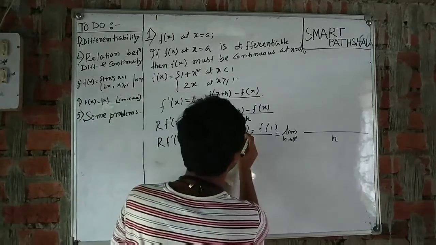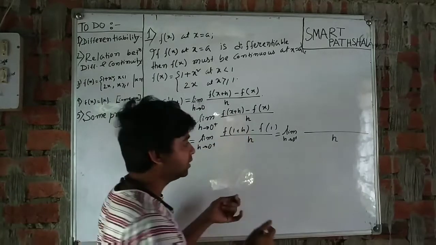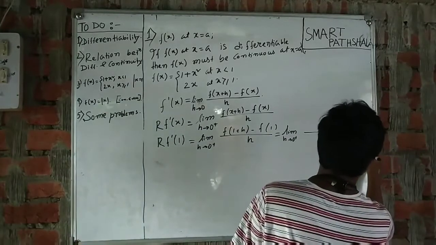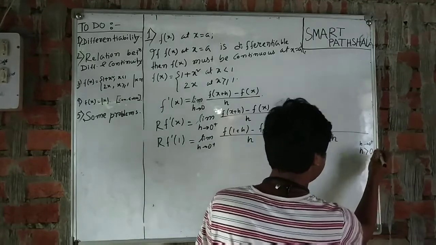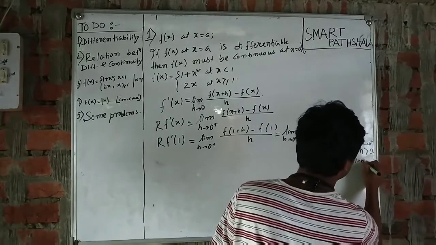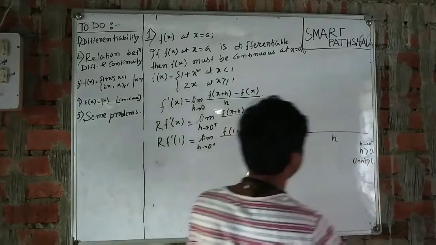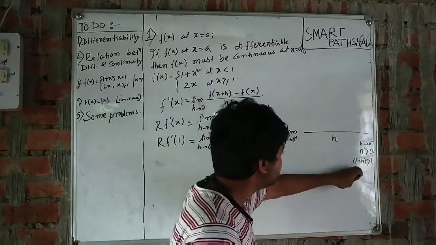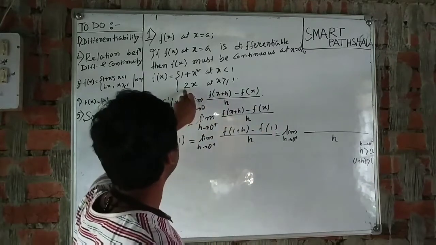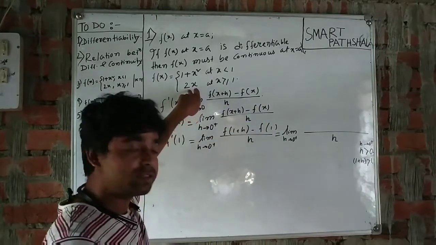Hence 1 plus h must be greater than 1, which means we will take the condition f of x is equal to 2x.